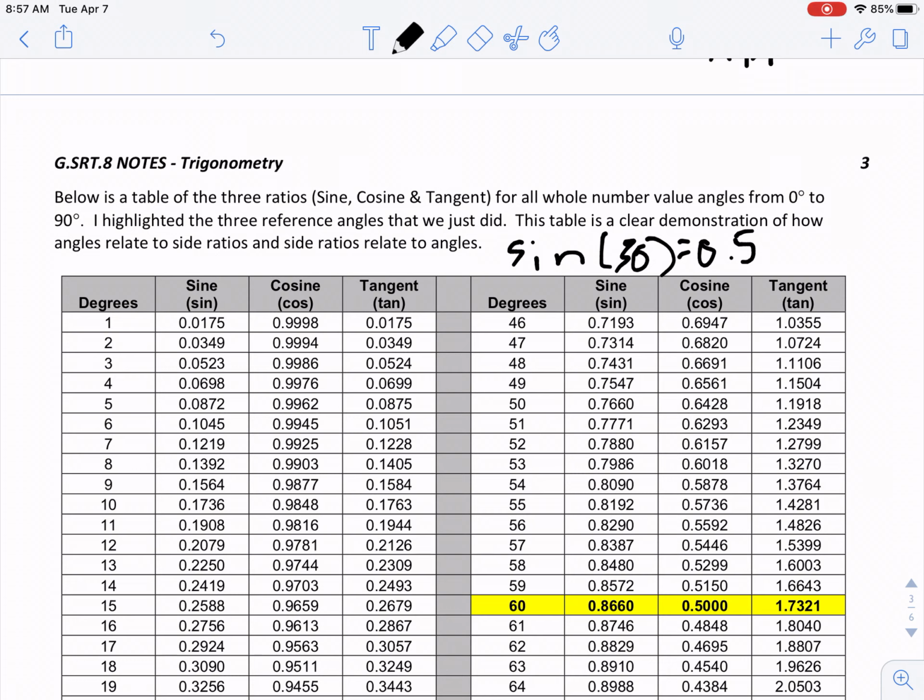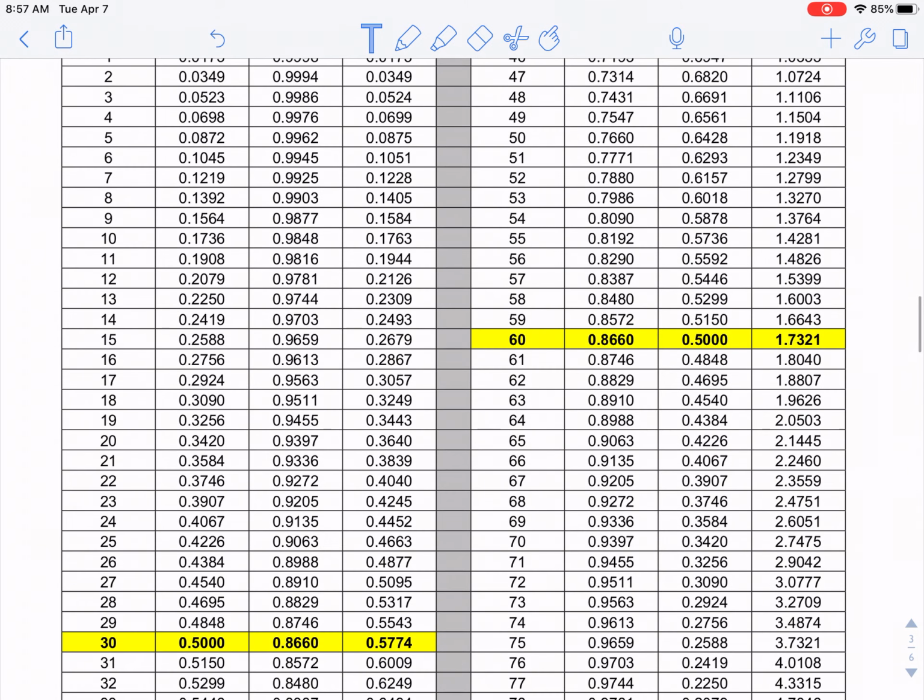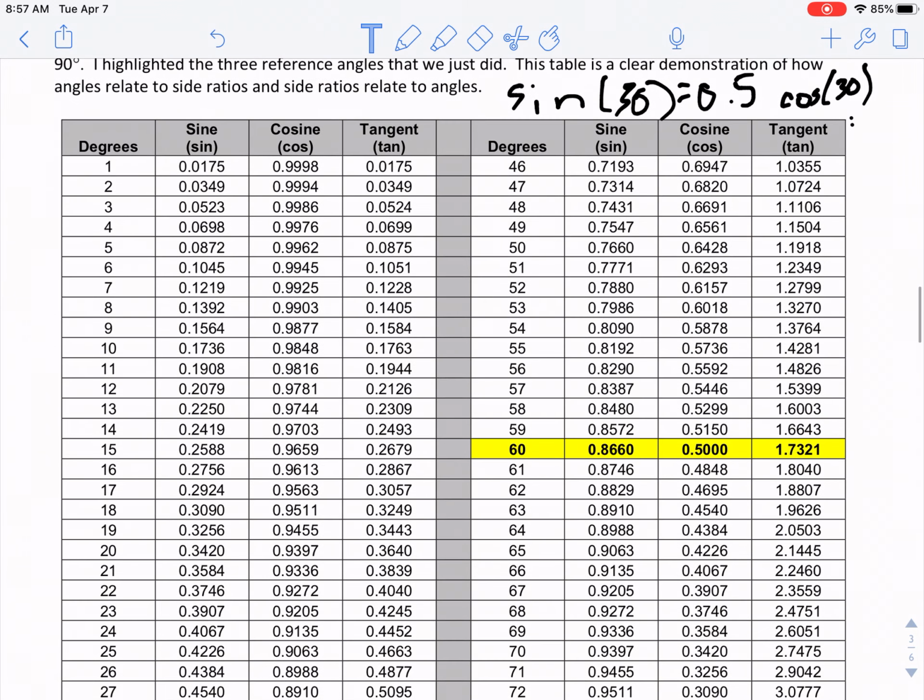Let's say I wanted to do cosine of 30. If we go down and look at the table, that would be 0.866. So you're going to have a lot of decimals.